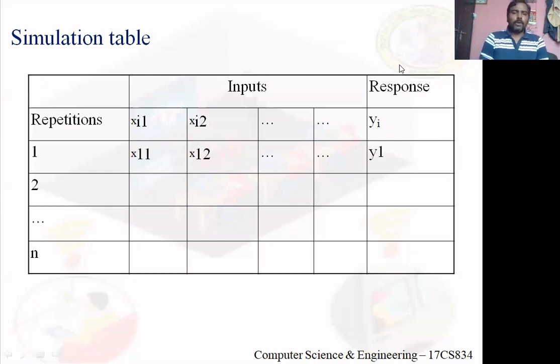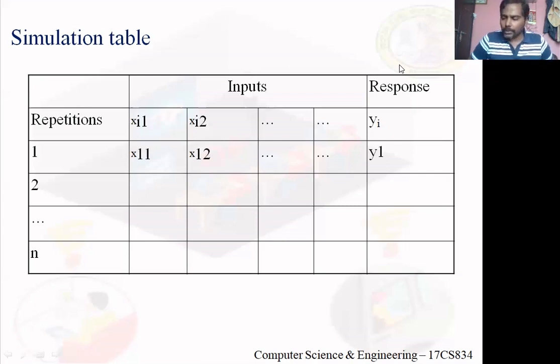For the first customer, when did he arrive at the system? At time 0. When he arrived at time 0, the server is idle, so his service begins immediately, and the service time for the first customer is 10 minutes. So in the next 10 minutes, his service is going to finish, and as soon as it finishes, he will depart from the system.